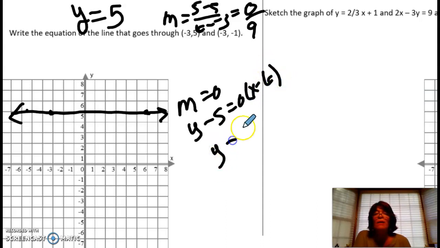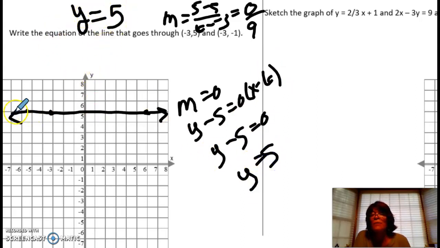So that's y minus 5 equals 0. Y equals 5. Okay, or you can just notice that on this line the y coordinate is always 5. X can be anything. We're at (1, 5), (2, 5), (3, 5), (4, 5). Y is just always 5.